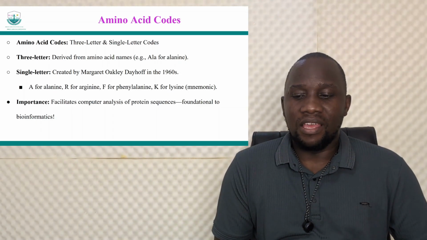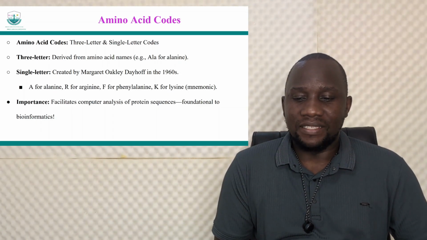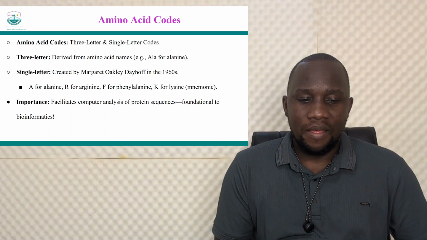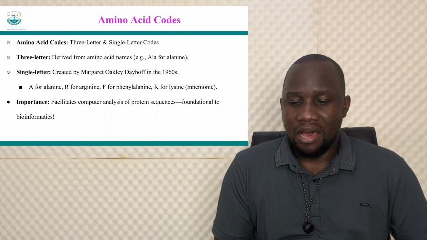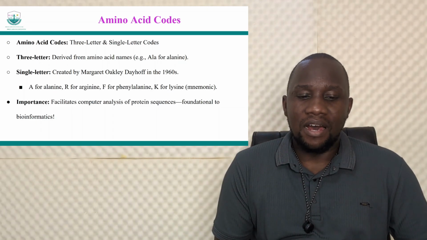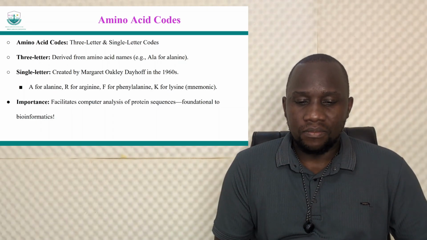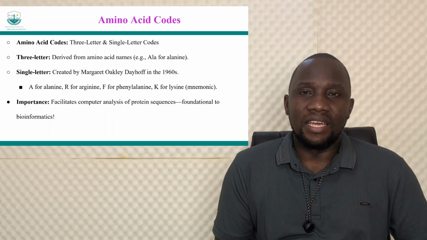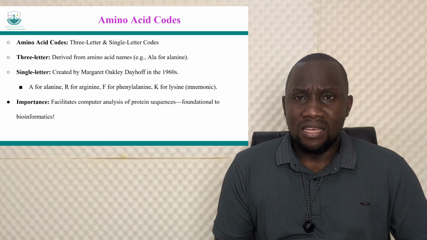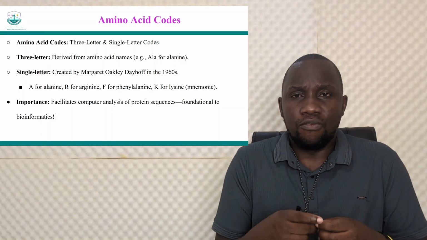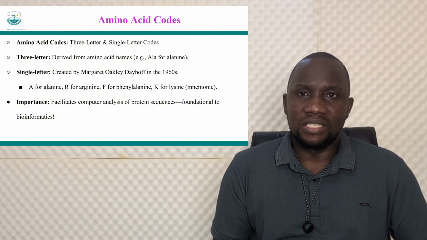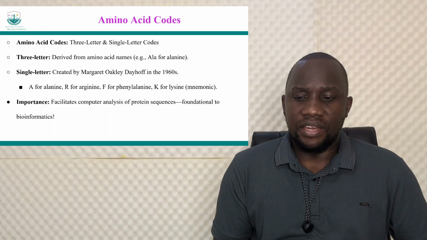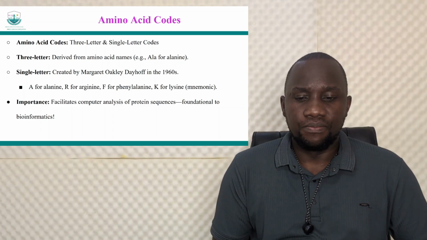For example, K can be for lysine, R representing arginine, and A representing alanine. If you are in the field of biochemistry, these are codes that you can read and know.